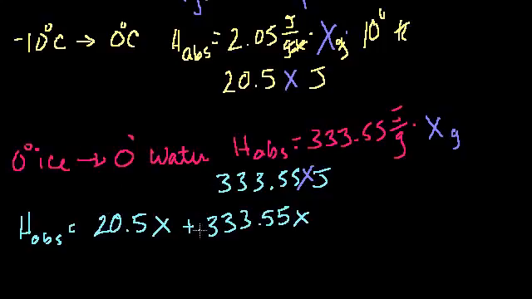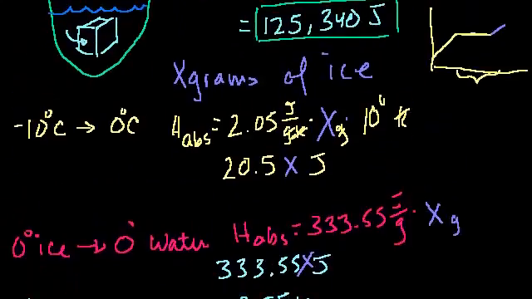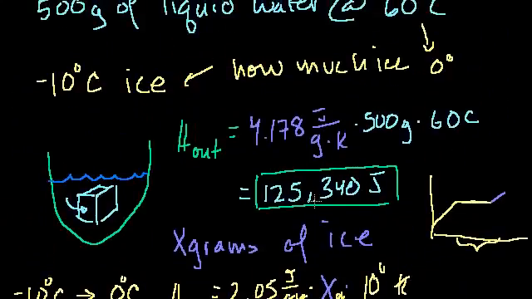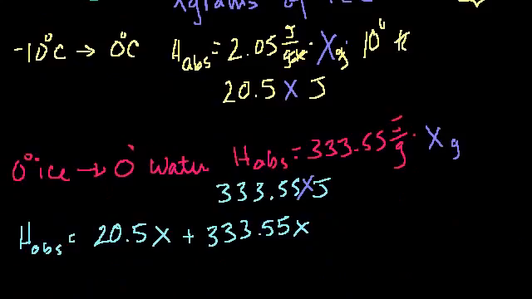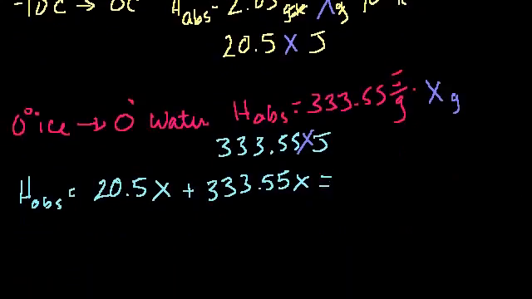Now, how much real energy does it have to absorb? Well, it has to absorb all of the 125,340 joules of energy out of the water, because that's the amount of energy we have to extract from the water to bring it down to 0 degrees. So the energy the ice absorbs has to be equal to 125,340 joules.